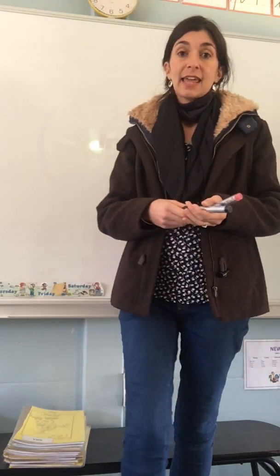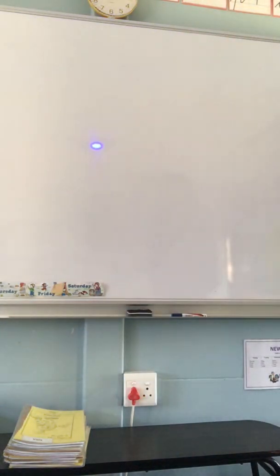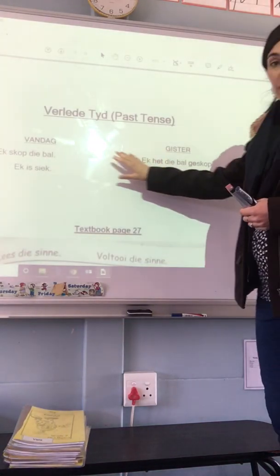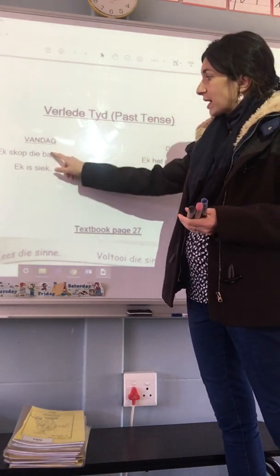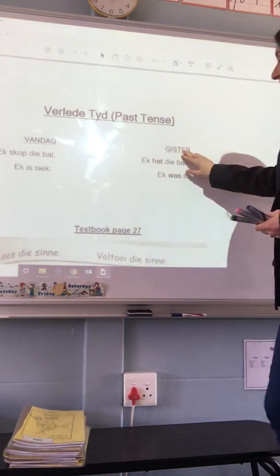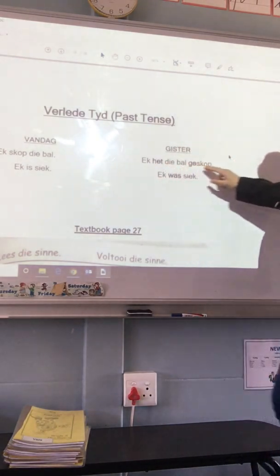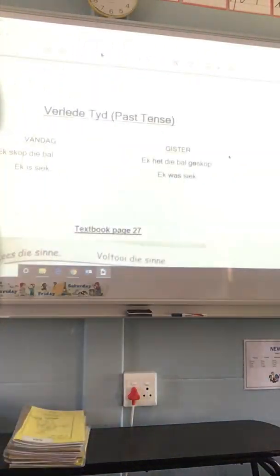Gister means yesterday. So something that happened yesterday. It could be something that happened last week or last month. Alright? It doesn't really matter, but it needs to be in the past. So here are the examples. Vandag, today. These are the ones I just did with you. Gister, yesterday. So, ek skop die bal. Ek het die bal geskop. Ek is sick. Ek was sick.